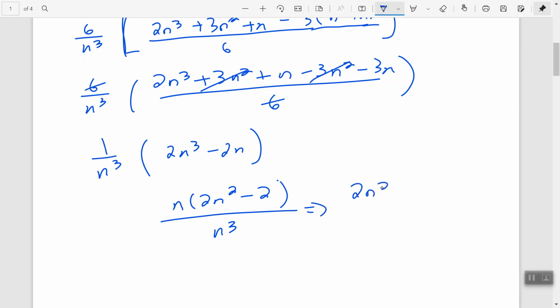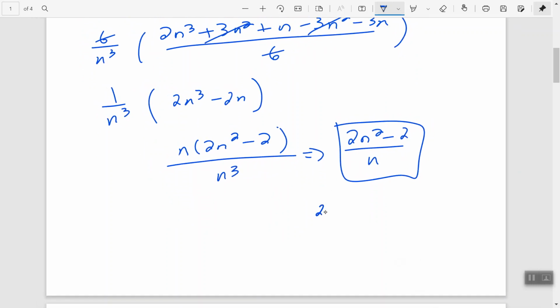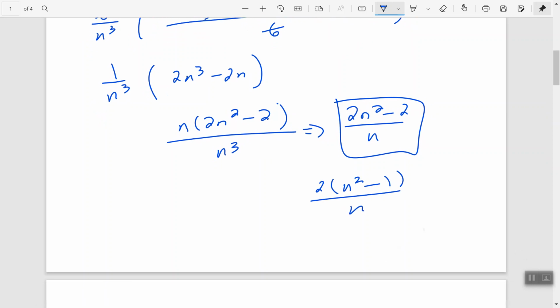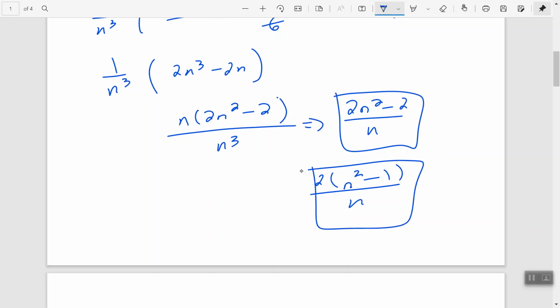So it would be 2n squared minus 2 over n, and this can be written in a number of different formats. You could factor out the 2 and have n squared minus 1 over n. You can factor the n squared minus 1 to make it n plus 1 times n minus 1. I would assume that the computer would take either one of those answers.